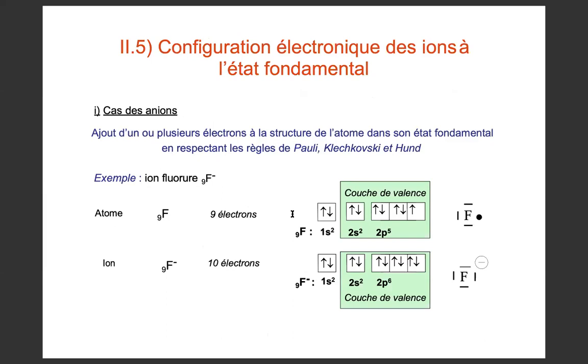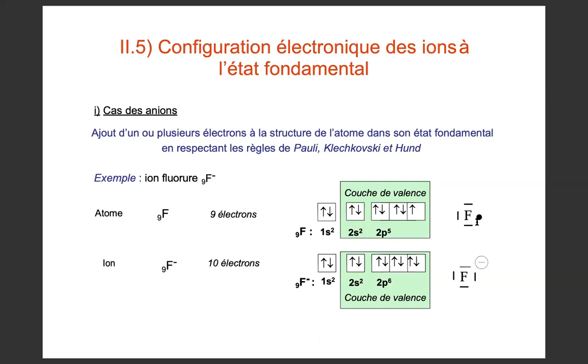Then configuration fondamentale. So this is also when it forms an ion. This is an atom of fluorine. Then the Lewis structure has two electrons, and there's one lone electron there.